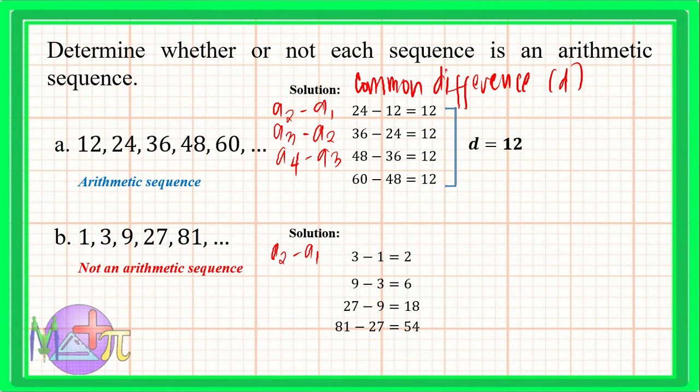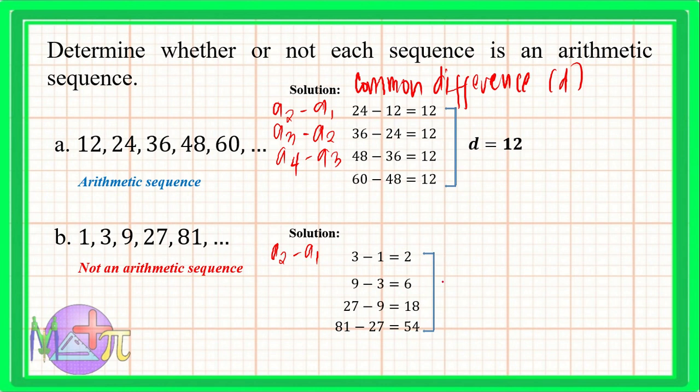And 81 minus 27 is 54. Observe, hindi po siya constant. So, it is not an arithmetic sequence. Take note, class, kapag sinabing arithmetic sequence, dapat may common difference. Kapag wala, hindi po siya arithmetic sequence. Okay, ganun kasimple.